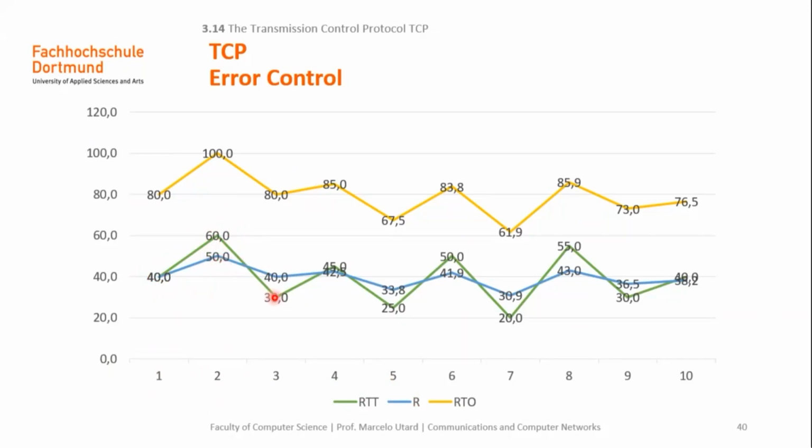And if after that we measure that the round trip time is lower, for instance, 30 milliseconds, then the smooth round trip time will be calculated using half of this that is 30 and half of this that is 15.